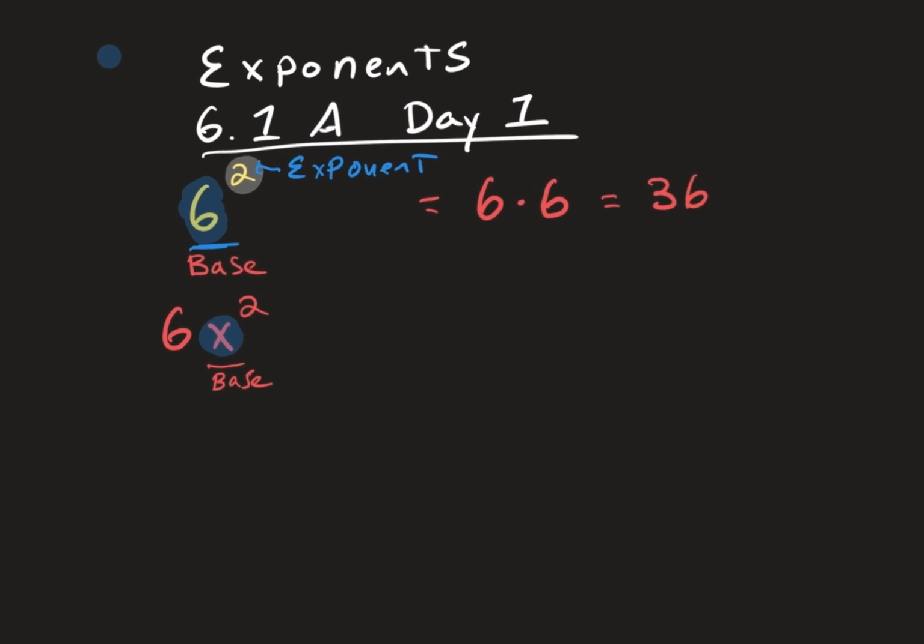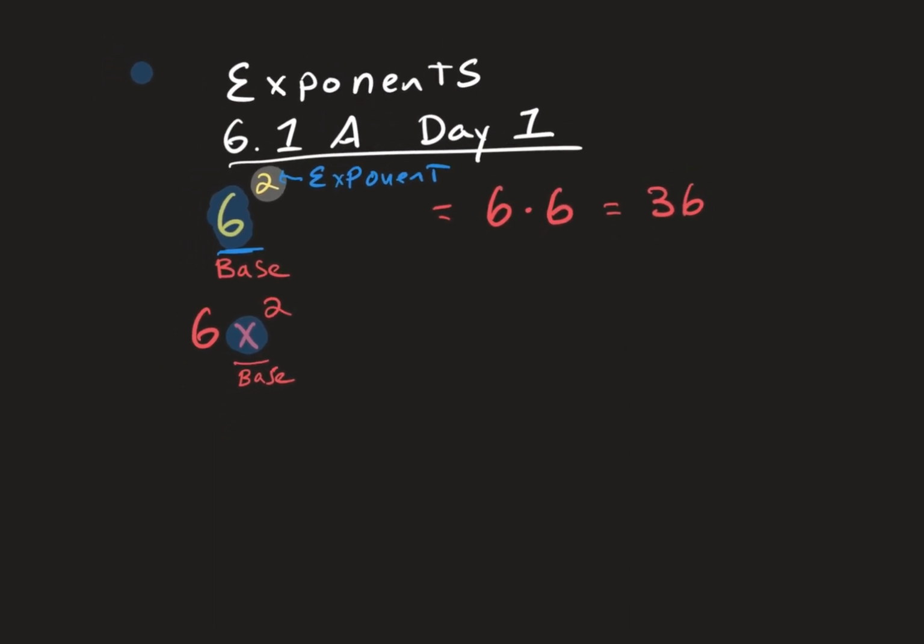If we have something like 6x squared, the 6 isn't being risen to a power, so it's not part of our base. So that 6 is just going to come along when we have 6 times x times x, which, again, is just 6x squared, but you need to understand what part of this is the base of it.